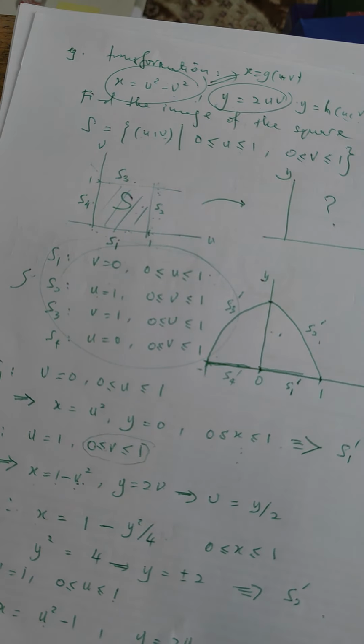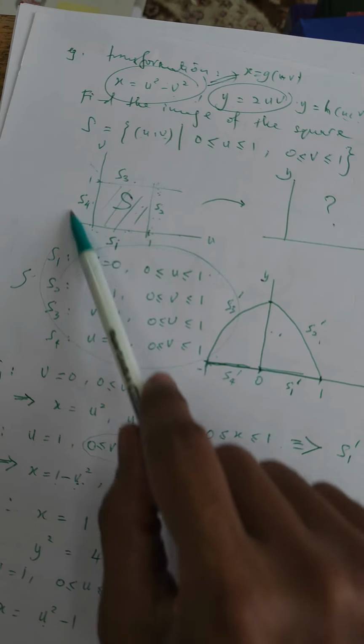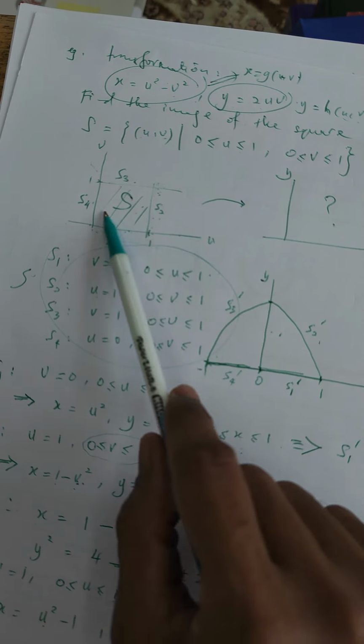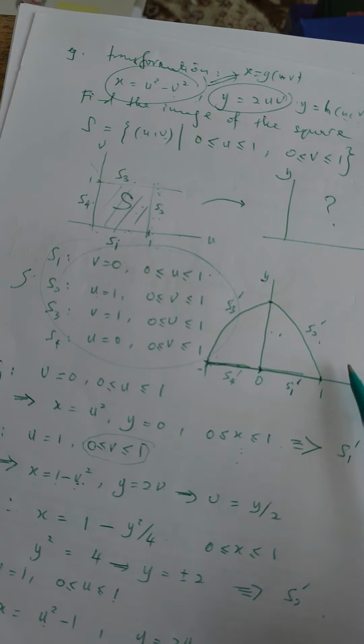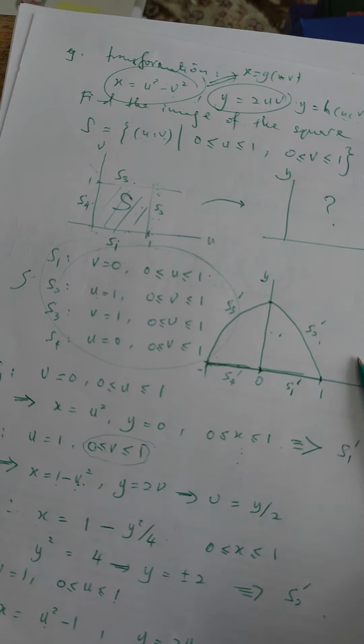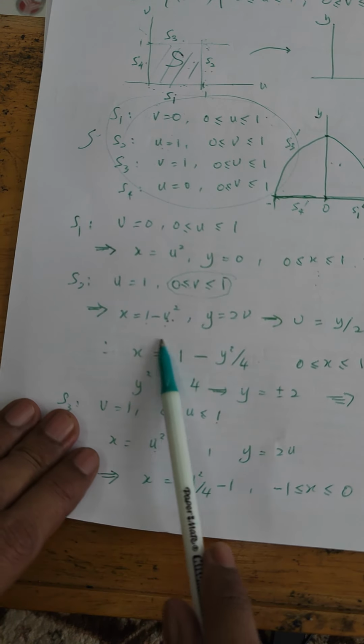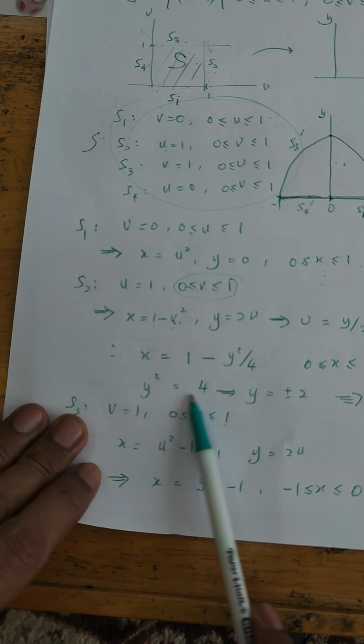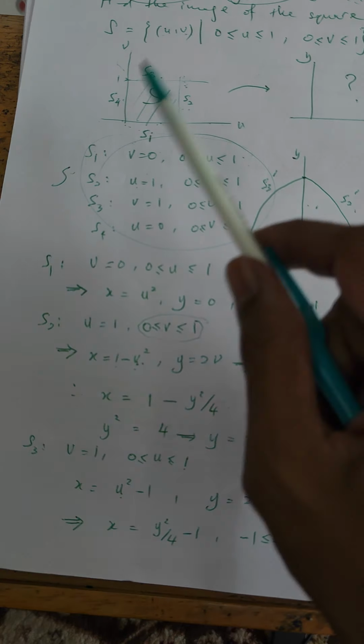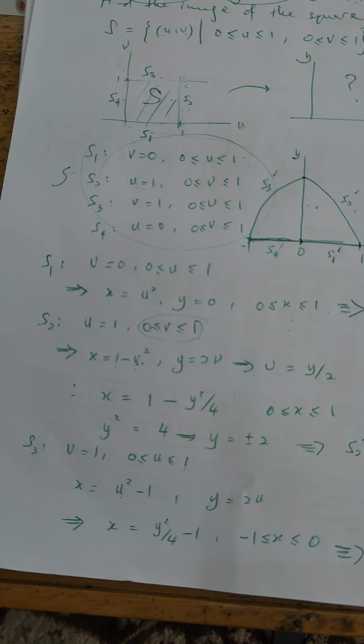So the integration with respect to u and v is just 0 to 1, 0 to 1. As compared to the xy plane, where you need to write in terms of x squared and everything, so it's not as easy as the uv plane.